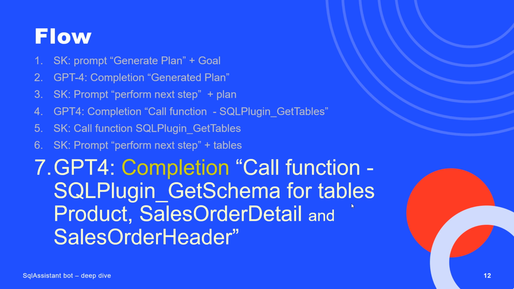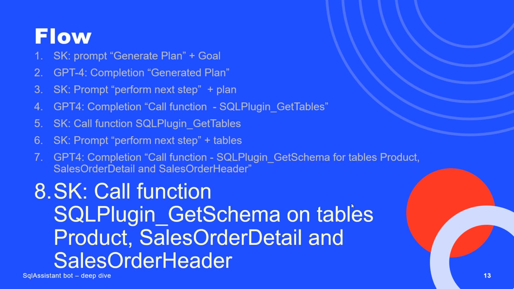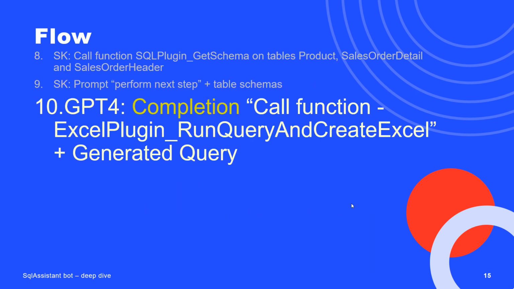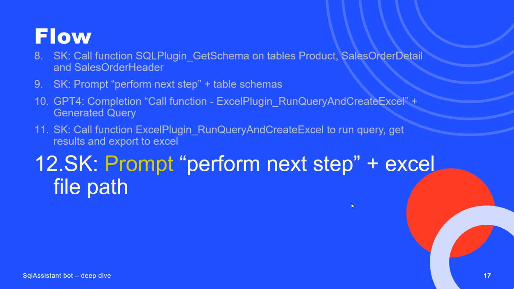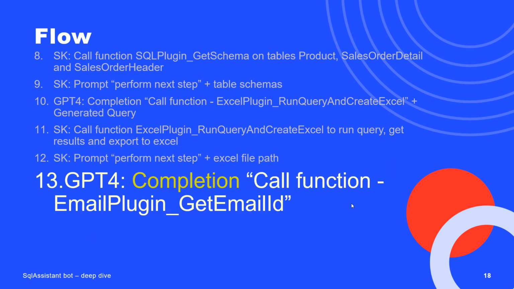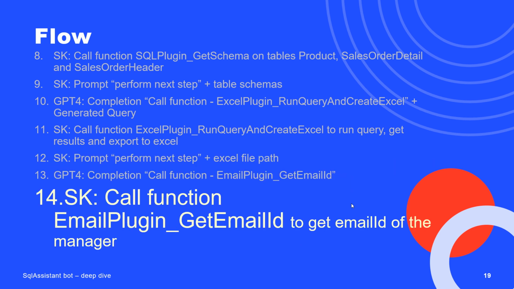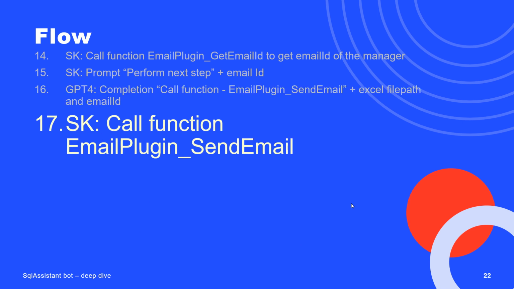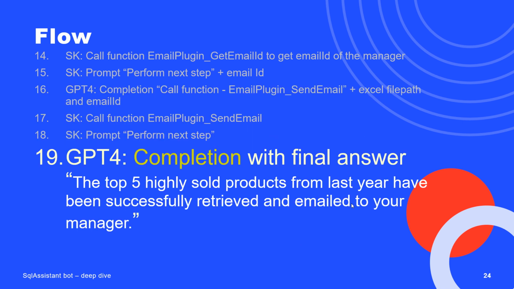The model will use that information to generate the SQL queries. Once it reaches the last function call, the model sends the final answer, that is the summary of all the function outputs in the plan.